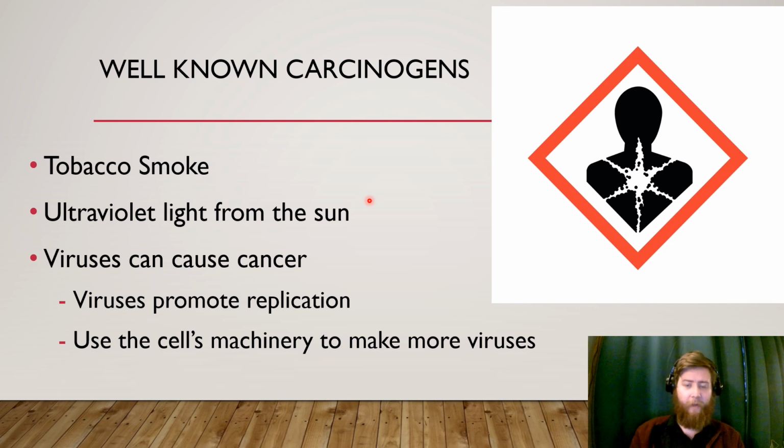Always wear sunscreen. If you learn one thing, do that. It's important. Some other things that can cause cancer are viruses. Viruses promote replication of cells because they need to use the cell's machinery to make more viruses. More cells that have the virus means more virus can get made. So sometimes they turn off these tumor suppressor genes to make more virus, and in turn give the individual cancer.